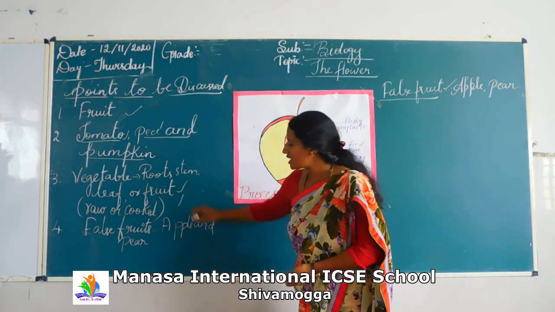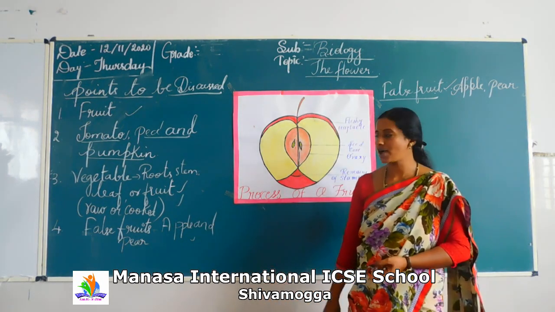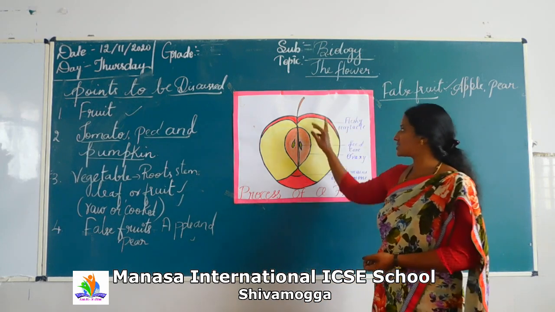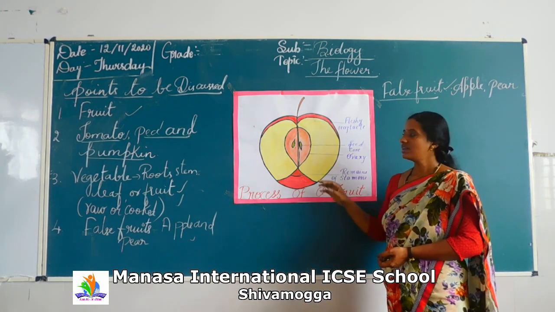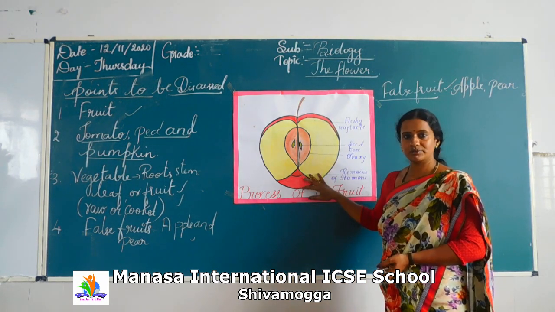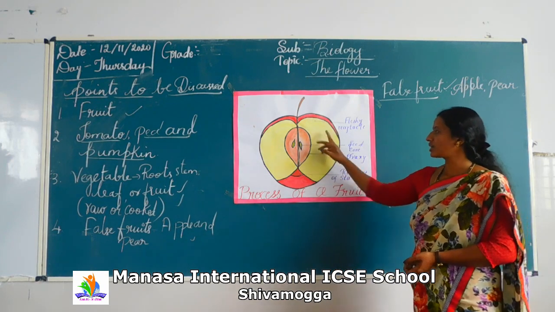So dear students, now let us learn very clearly about the false fruit. The example I have taken here is the apple. This is the longitudinal section of an apple. Let me explain the different parts.